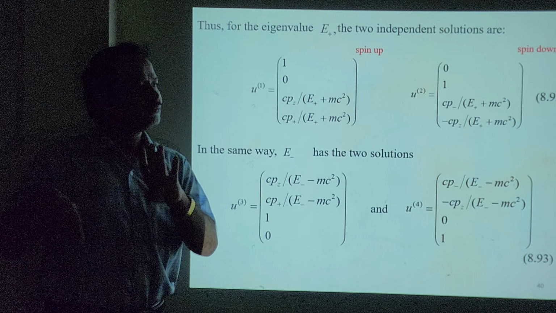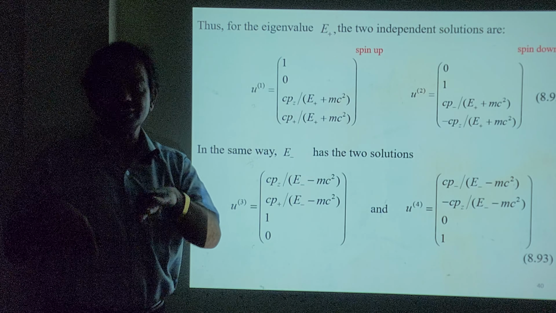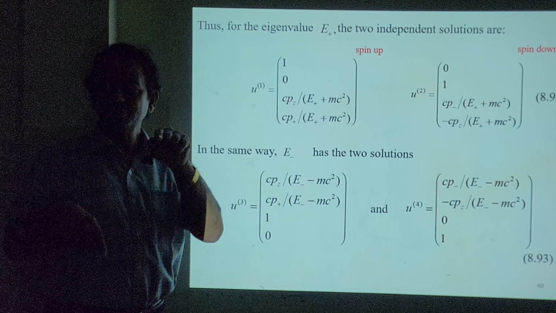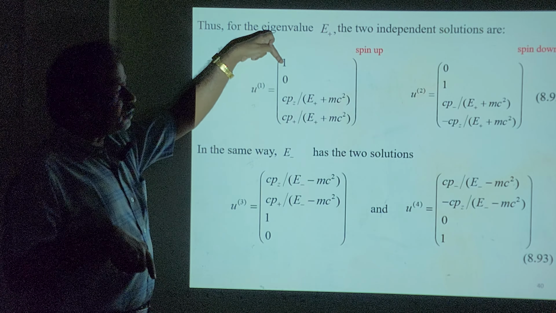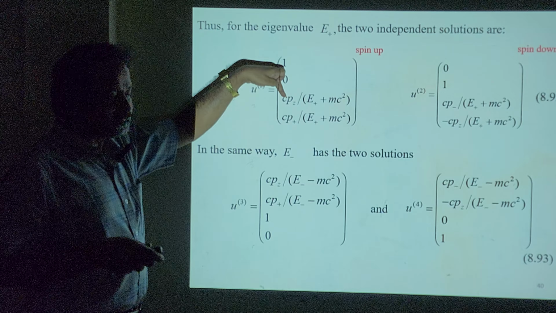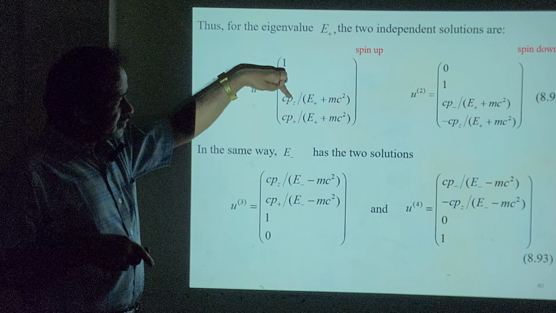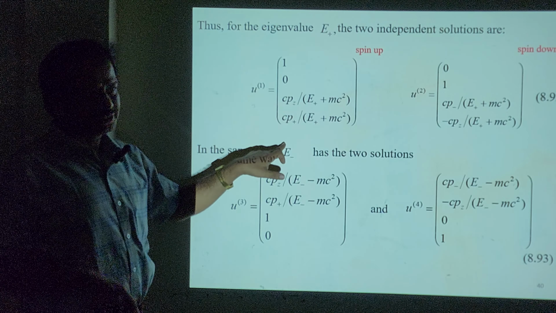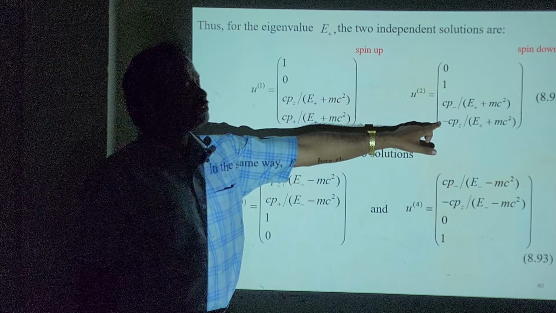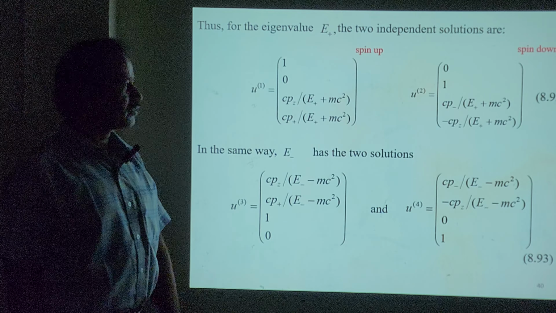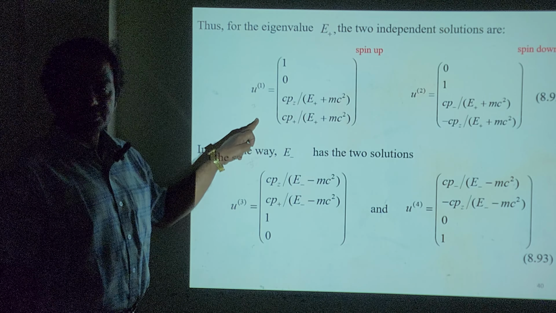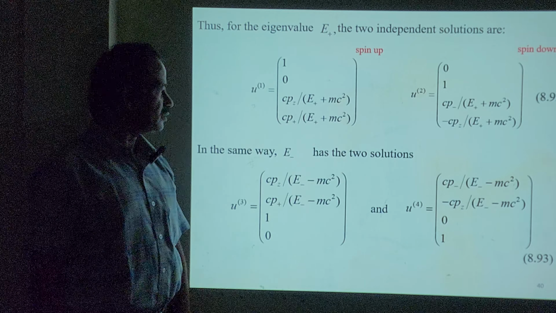U3, U4 will have two values, that is for W. Then U1, U2 for B. B is nothing but 1, 0, spin up. And W we just calculated for E plus, this factor. So we have 4 components. This is for spin up and this is for spin down.